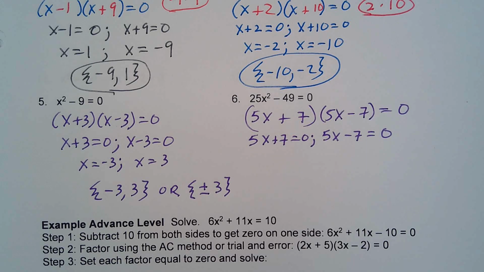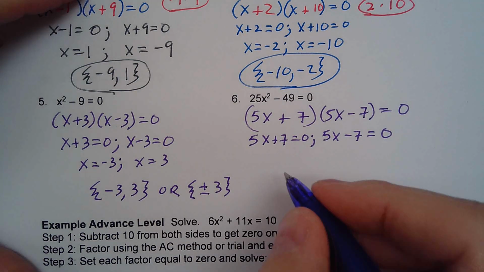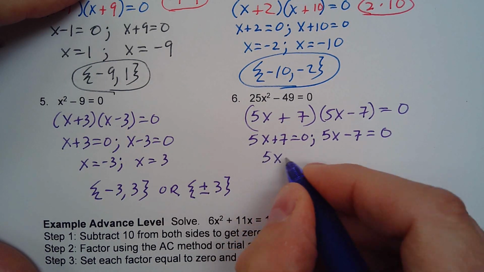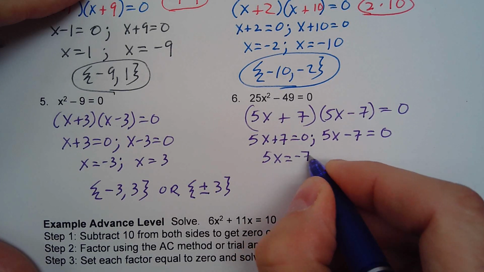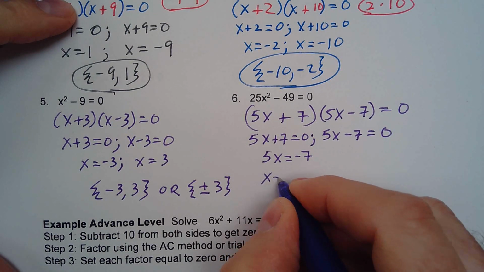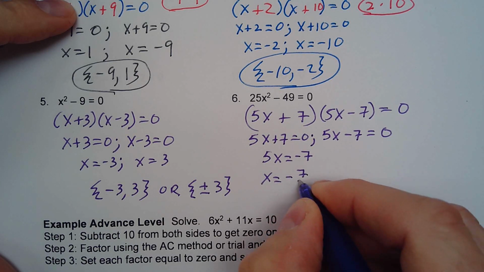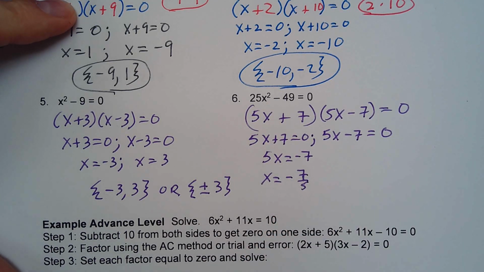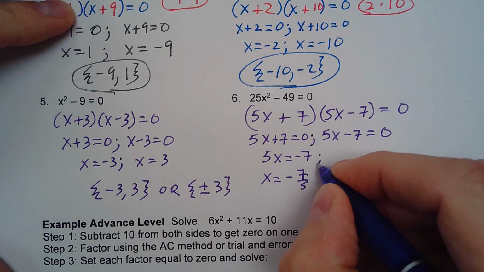So this first one, we need to subtract 7 from both sides. And then we're going to divide by 5. And the second one, we need to add 7 to both sides.